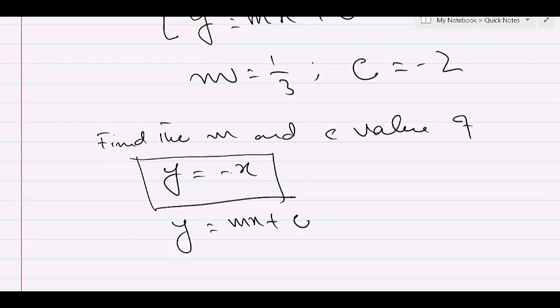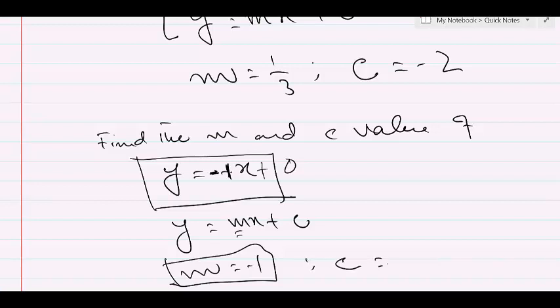Instead of m, what is here? Minus 1, because x is the same as 1x, so this is equal to minus 1 here. So the m value is equal to minus 1, and if there is no constant term on this side, then 0 is always the number. Then the c value is equal to 0.